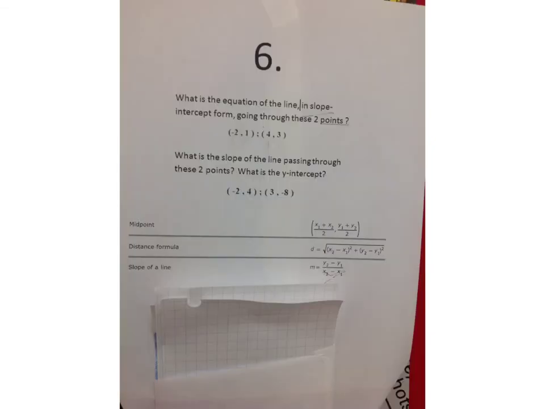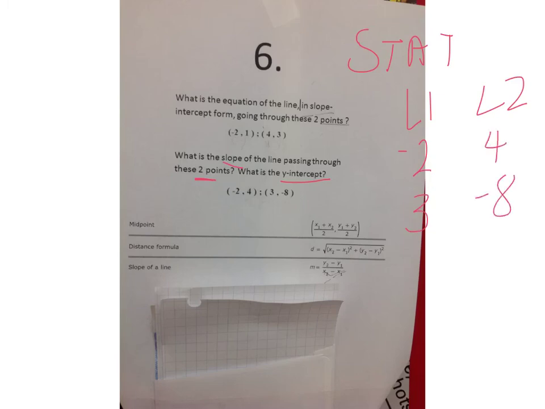What is the slope of the line passing through these 2 points? What is the y-intercept? Again, we're going to use stat because it's asking for 2 points and it's asking for the slope and the y-intercept, which means it might as well be asking for the equation. So L1, L2, L1 is our x's, -2 and 3. L2 is 4 and -8.